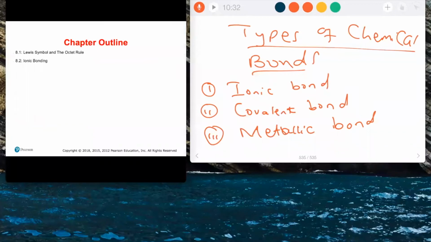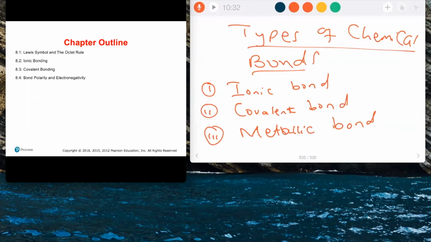We look at in section 8.1, Lewis symbol of elements with respect to octet rule. Octet from the word octave, octave stands for 8. And the reason behind formation of a chemical bond, look at ionic bond in 8.2, covalent bond in 8.3.